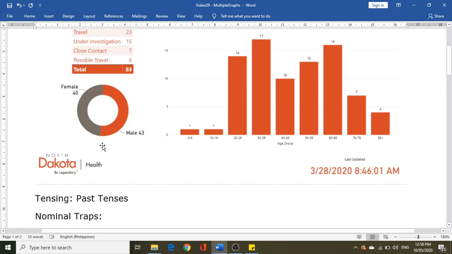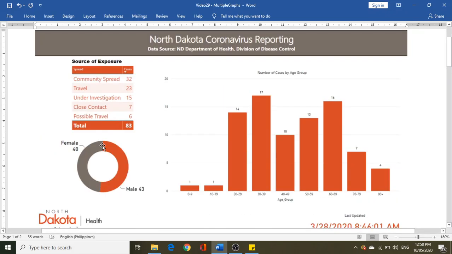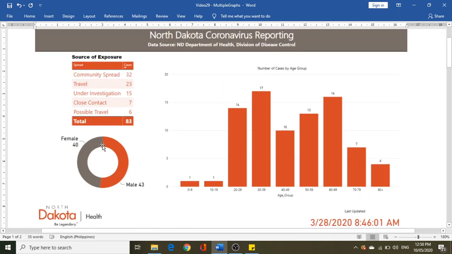All right, there. Okay. So people 30 to 39 year olds account for the most number of cases at 17 at the time of the survey. So I should have said accounted.